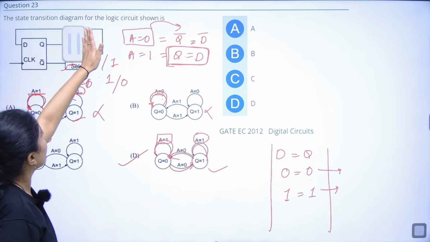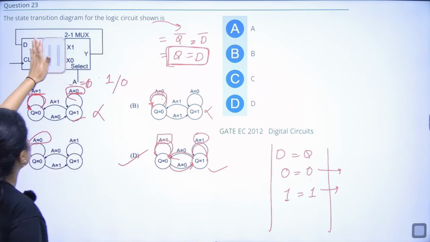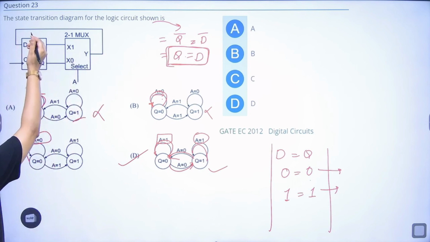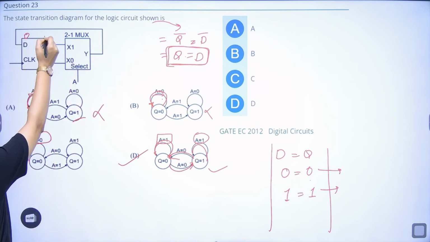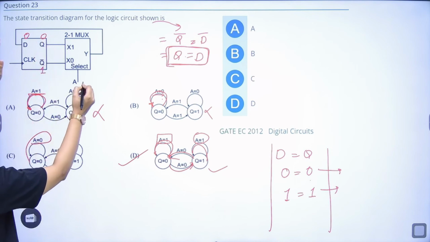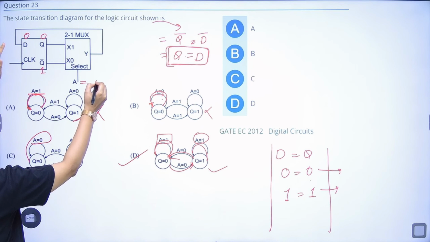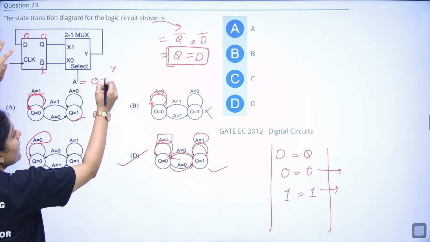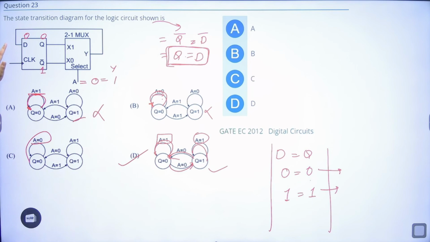If I write it here again, suppose D value is 0. So this value is also 0. This value becomes 1, right? If A value is 0, the output will become what? 1. So that means it will toggle.